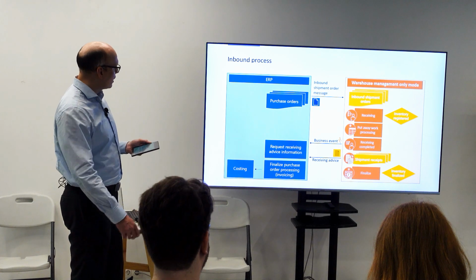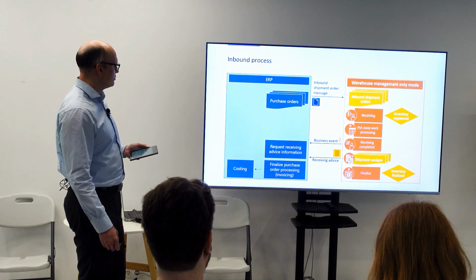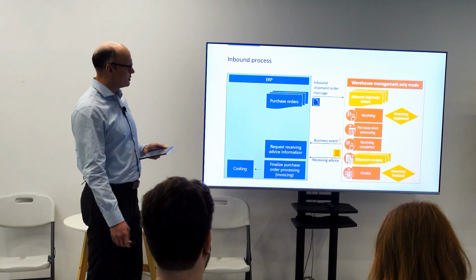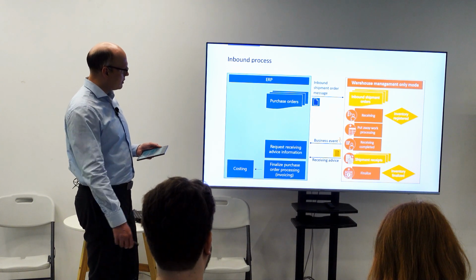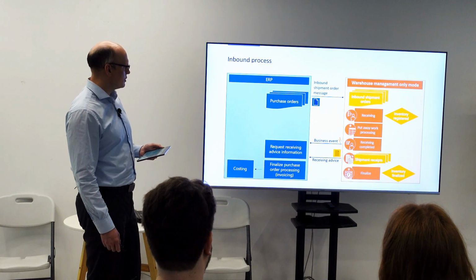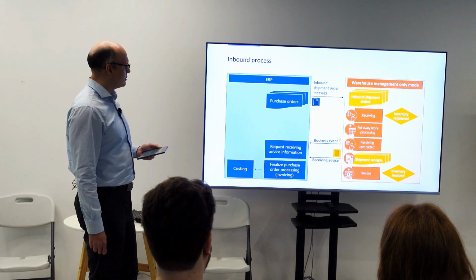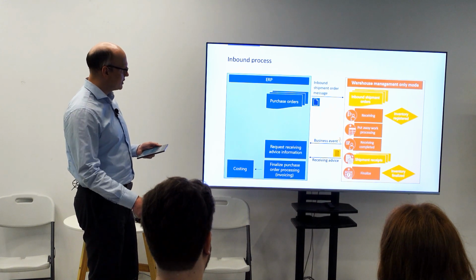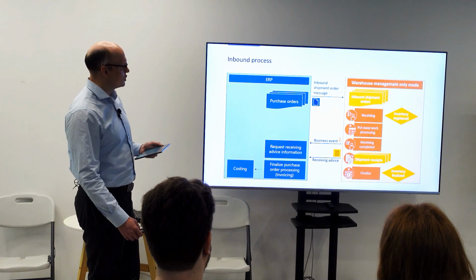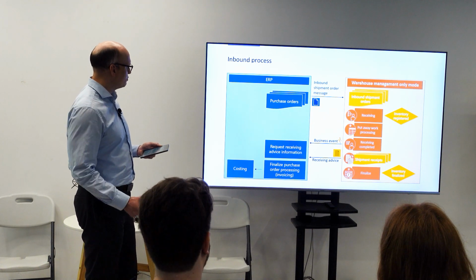So, we have two systems: our ERP system or another external system, and our Dynamics 365 supply chain management system. When we create an incoming document in our external system, for example, a purchase order, at the same time an inbound shipment order message will be sent to our warehouse management only mode system. Inside the system, this message will be processed, and an internal document, in our case an inbound shipment order, will be created.